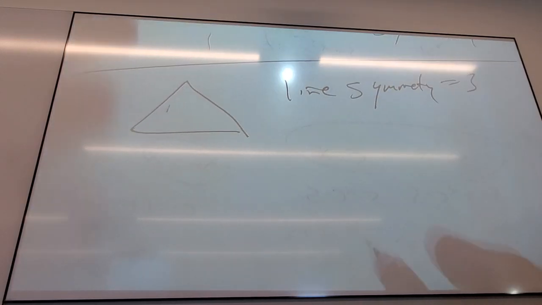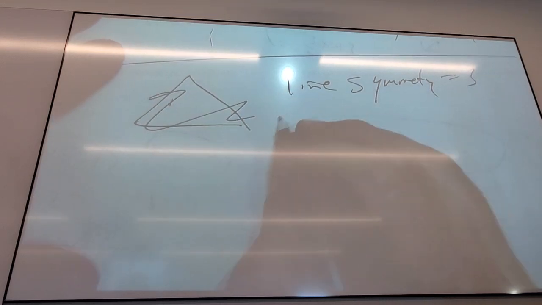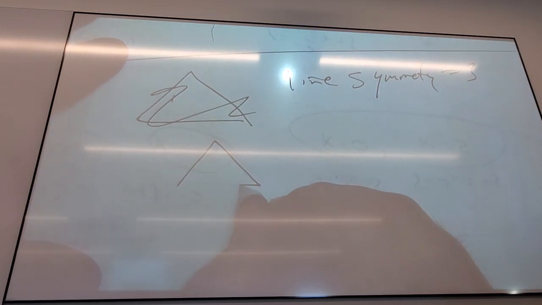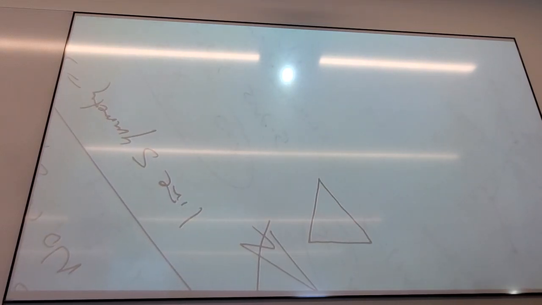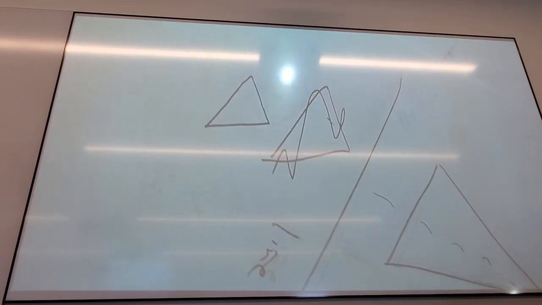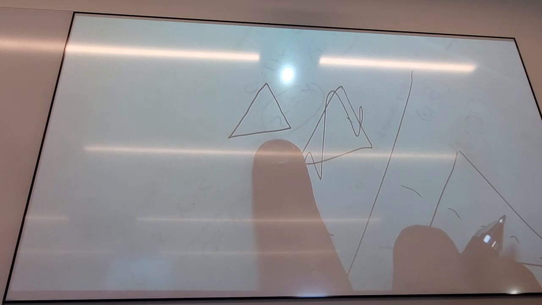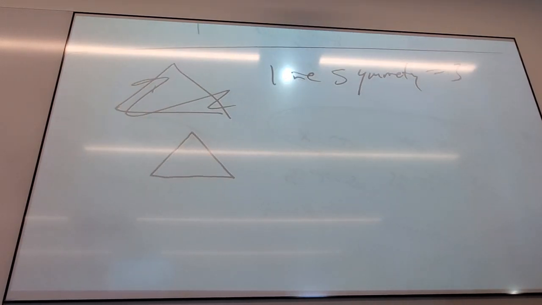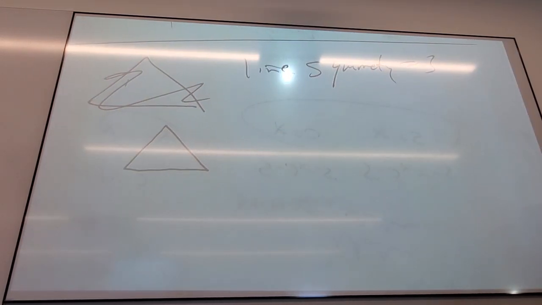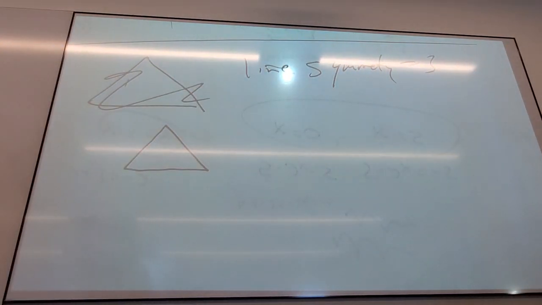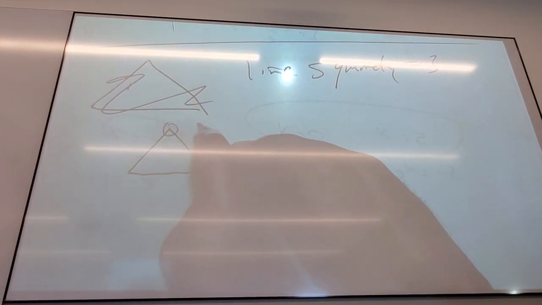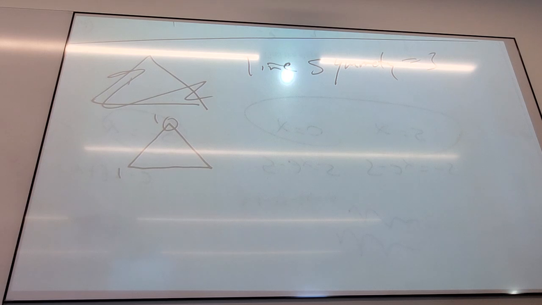How many line symmetries are there? 3. And how many rotational symmetries? If I rotate it, if it's truly equilateral, how many rotations besides a full rotation will it line back up on itself? 2. I love it. If I rotate it once, this will become here, right?